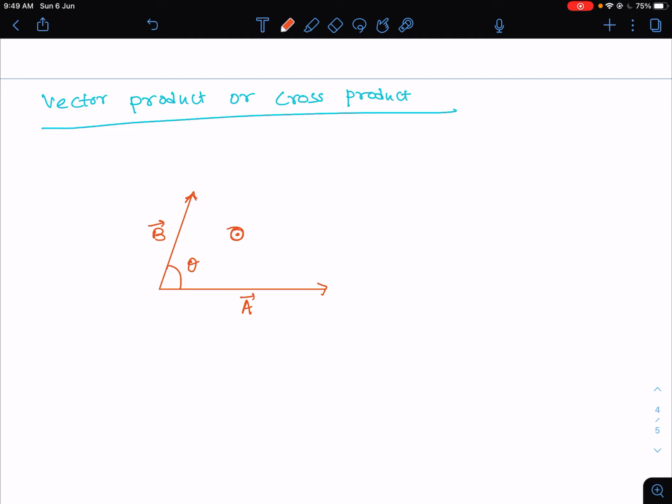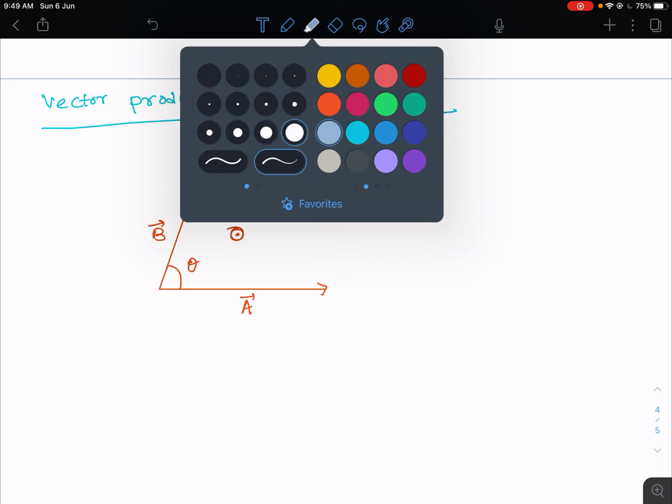So the thumb rule to obtain C is the following.